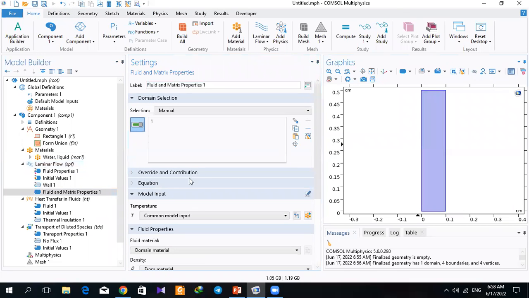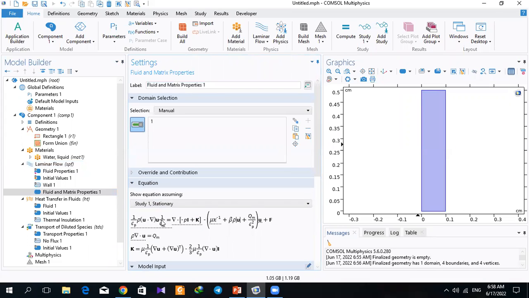And I select this domain as a porous media, and here you can see Brinkman equation that is usually used for calculation of velocity in porous media domains.